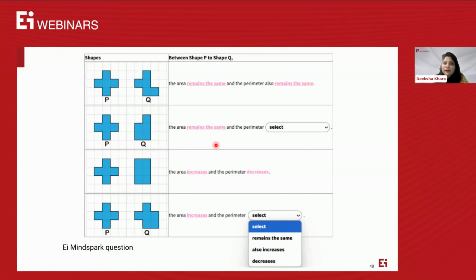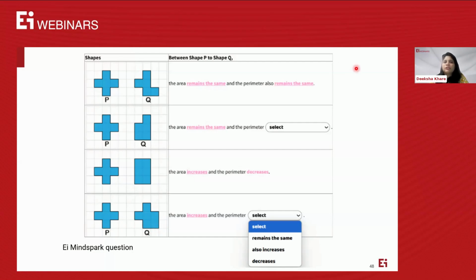And then in the third case, we have increased the area. This was missing here. Area has been increased. But what happens to the perimeter? Make them calculate. And in the fourth shape, again, the tiles from here and here have been shifted to this. So what happens to the area? What happens to the perimeter?